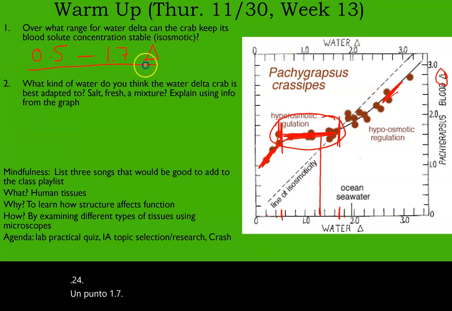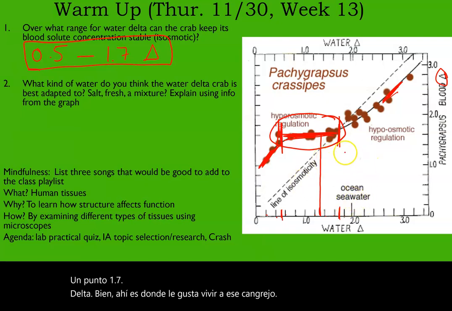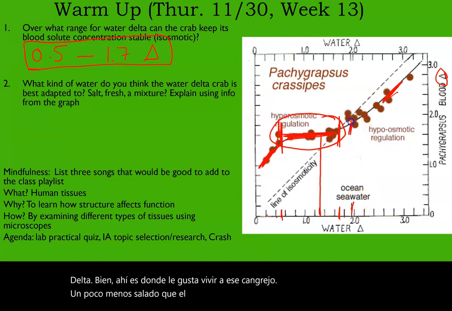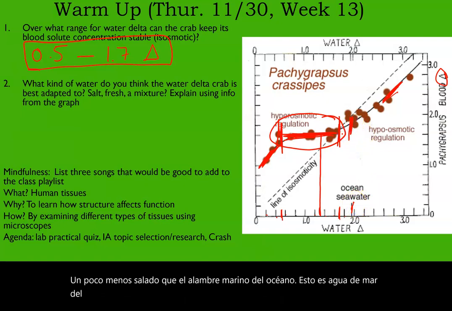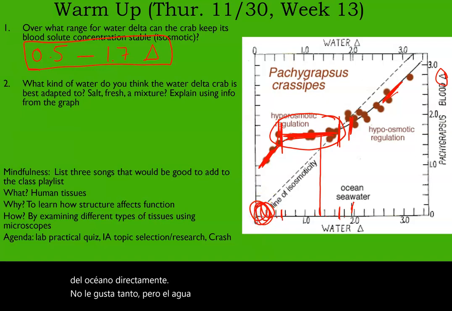Okay, so that is where that crab likes to live. A little less salty than ocean seawater. This is ocean seawater right here. So once it starts to get straight ocean water, it doesn't like it so much. But fresh water would be down around here.